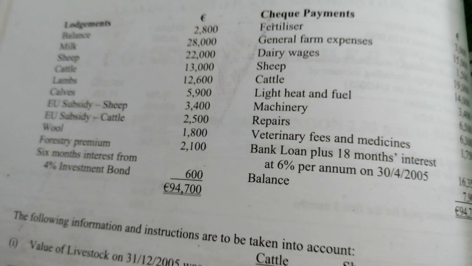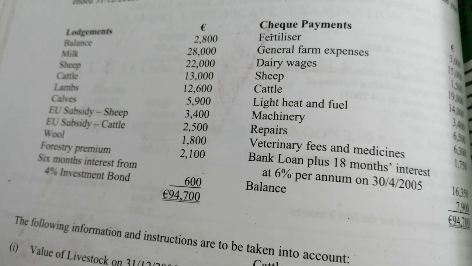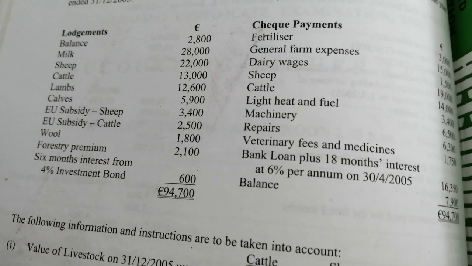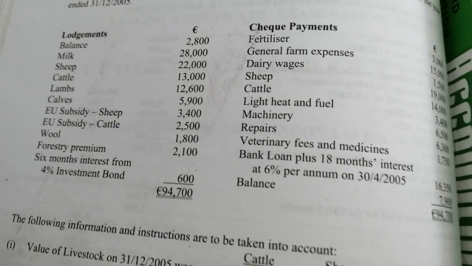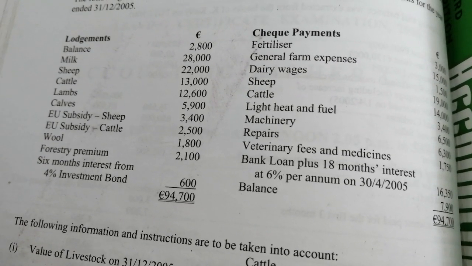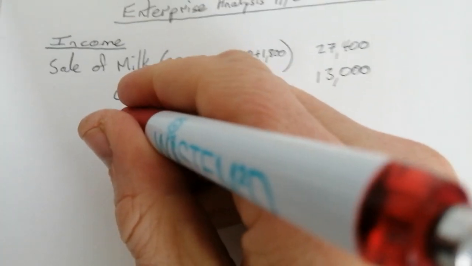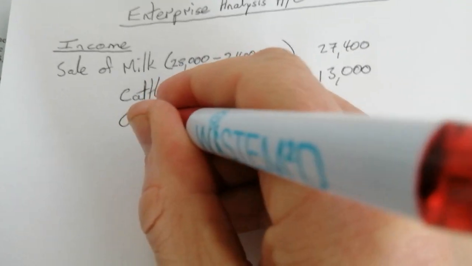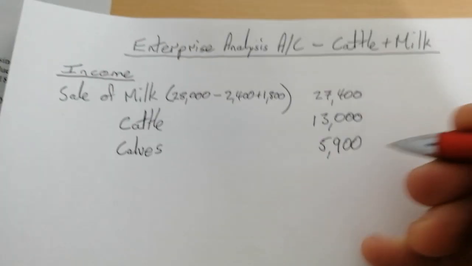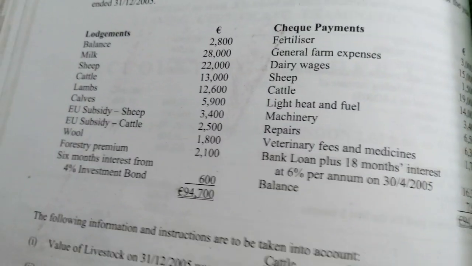Next thing under the sale of cattle is lambs. That's not to do with cows. Calves. Well, calves, just for those of you who don't know, they're baby cows. So they are to do with cattle and milk, so we'll put them in. So sale of calves, 5,900. Okay, and we keep going down there.